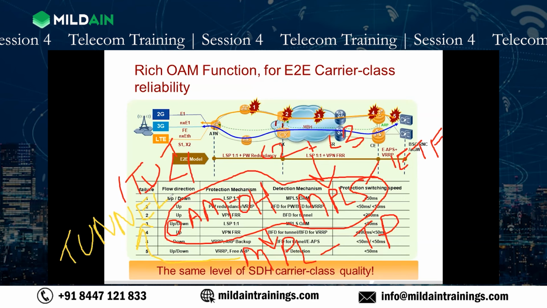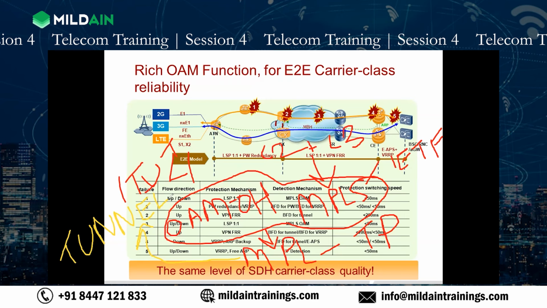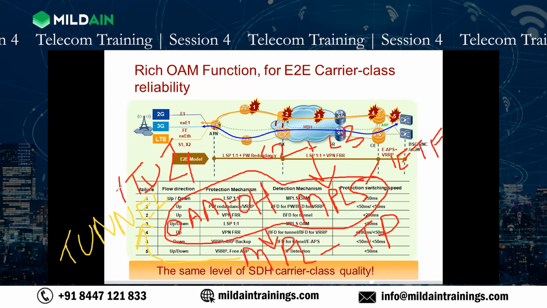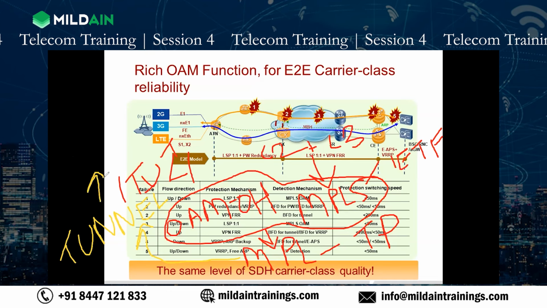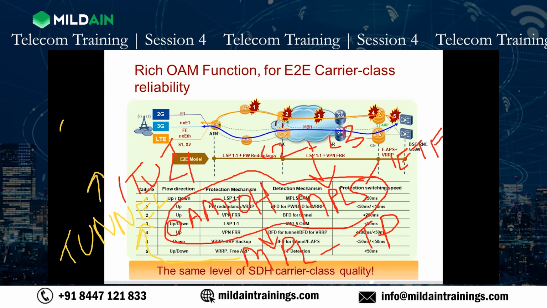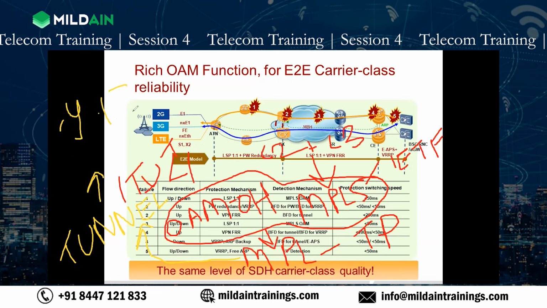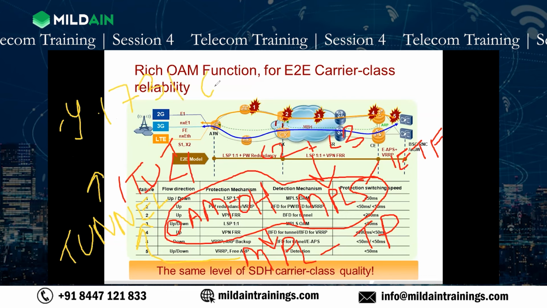So that's why they came with it. They try to control the layer 1 OAM overhead, and they controlled it, and they give less than 50 millisecond. So a standard defined by ITU-T is called Y.1731. If you search, you will find Y.1731 is the ITU-T standard for MPLS-TP OAM.